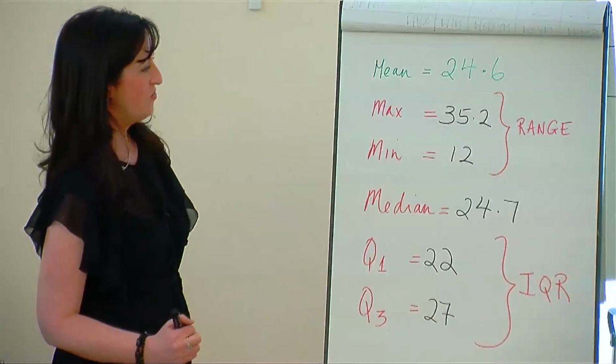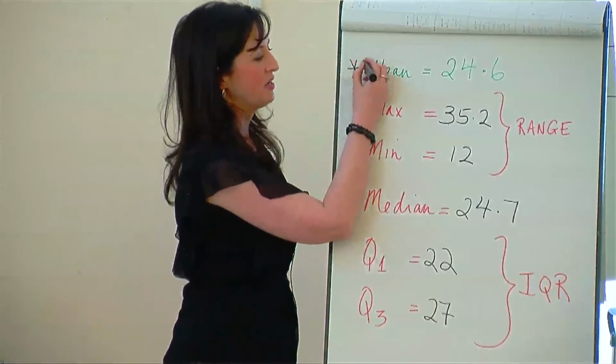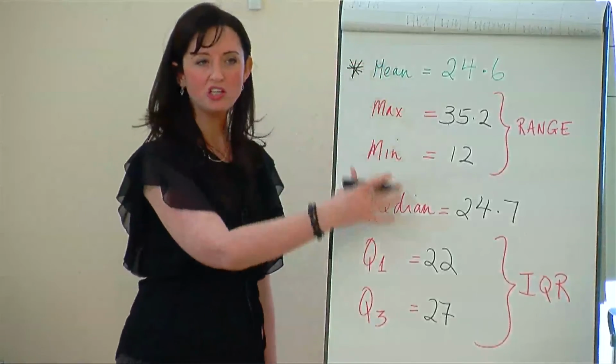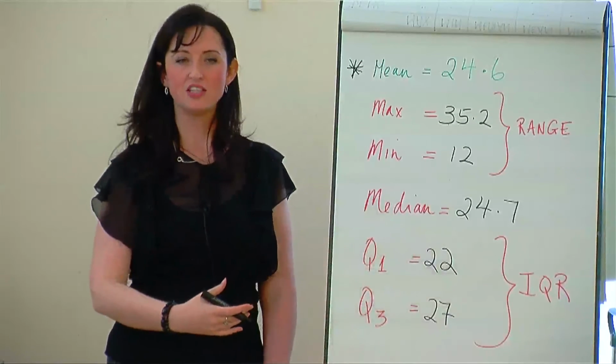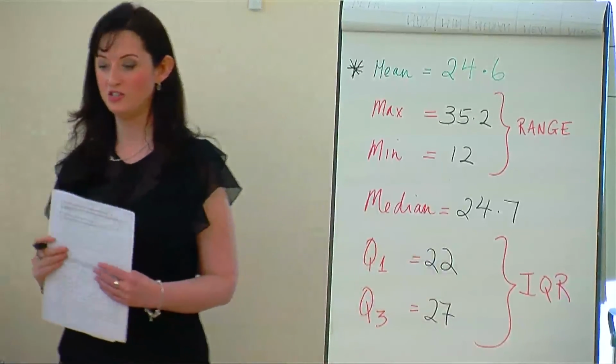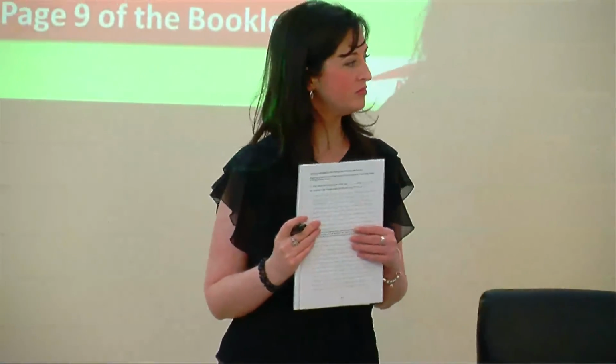Now, we had the mean already, didn't we? So look at your numbers and can you tell me anything about your distribution by looking at your numbers? The mean and median are very close.